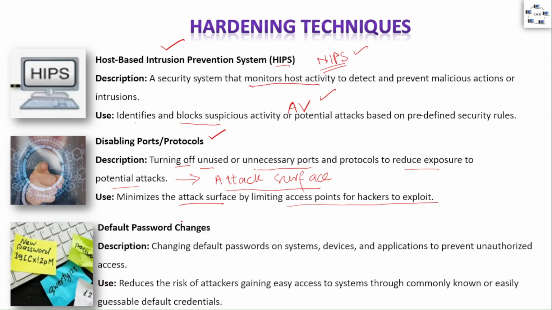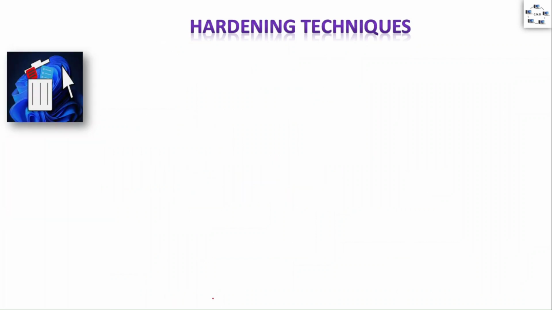The next hardening technique is default password changes. So changing the default password on systems, devices, and applications to prevent unauthorized access. Uses include that it reduces the risk of attackers gaining easy access to systems through commonly known or easily guessable default credentials.